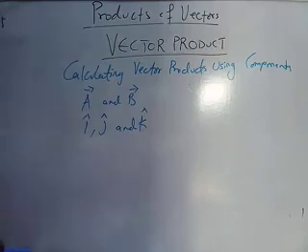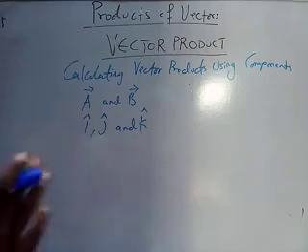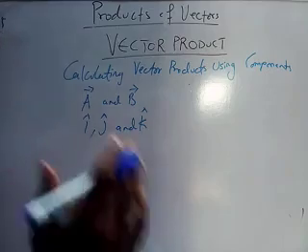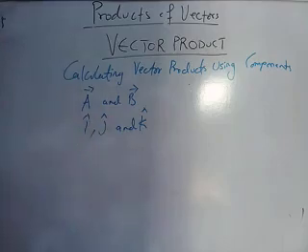Vector product of parallel vectors, parallel to itself, the same direction, is 0.